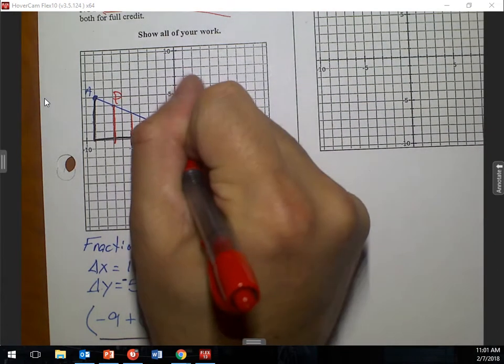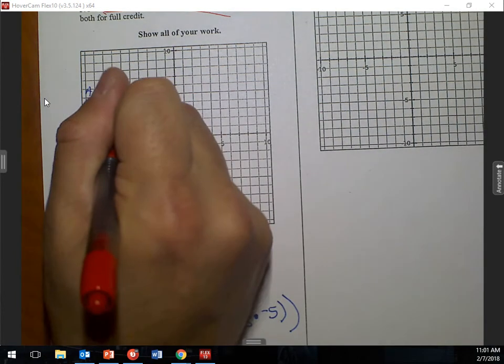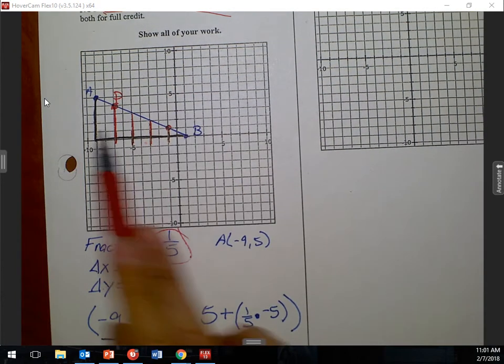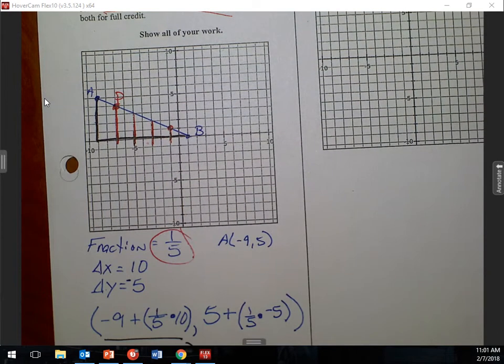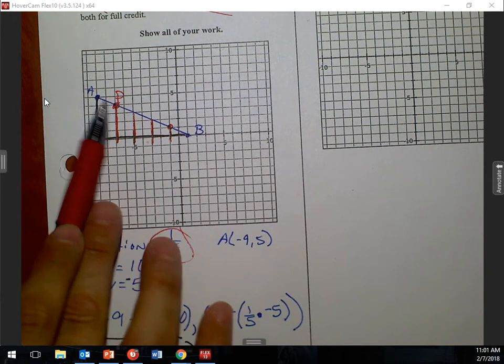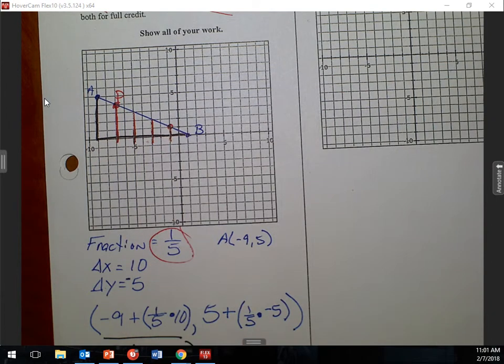So there'd be this point right here. So this way, if you divide it up, if I were to say, hey, give me 2 out of those, 1, 2, and look, that would be my point. Does that make sense?